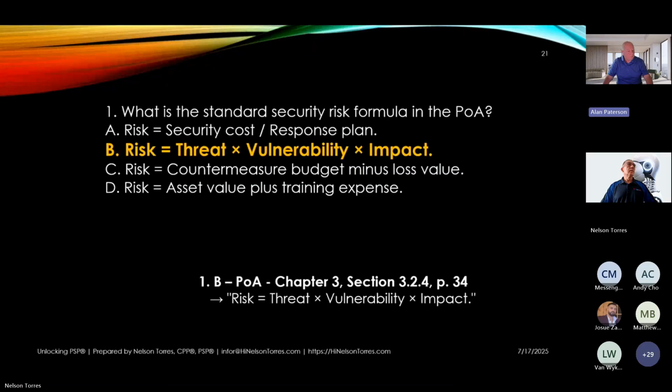Okay, so the correct answer in this one, of course, is risk equals threat multiplied by vulnerability multiplied by impact. On the original slide I did, it was threat, vulnerability, and consequence. But sometimes you have to watch for different wording in the questions in the exam.